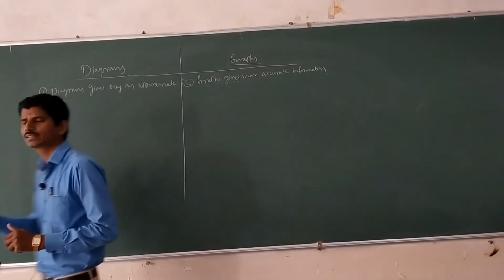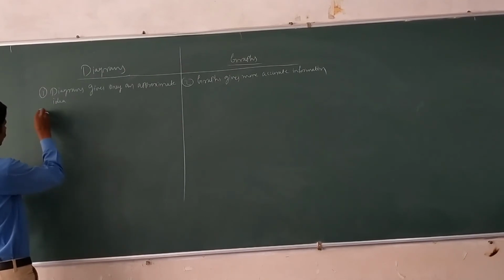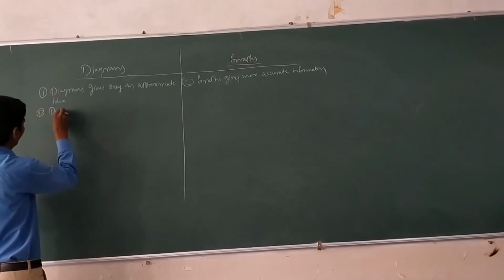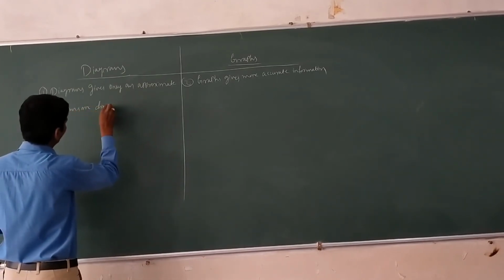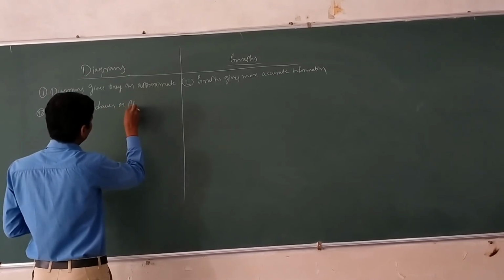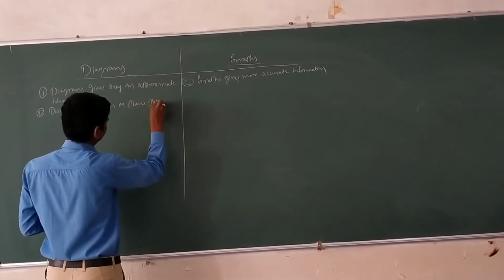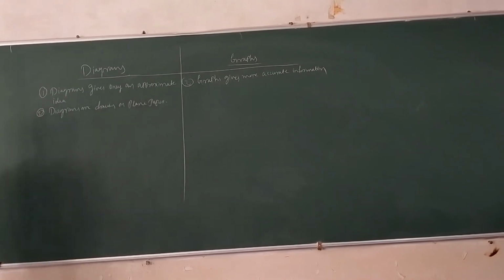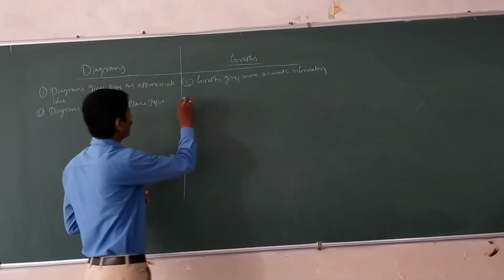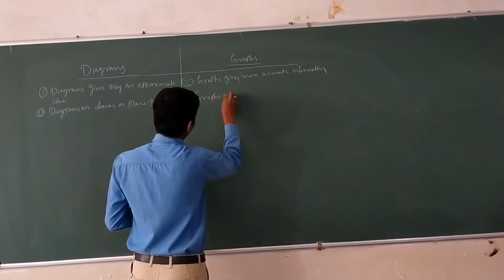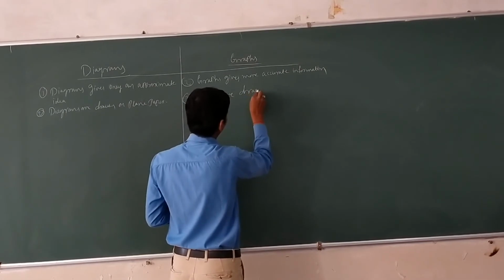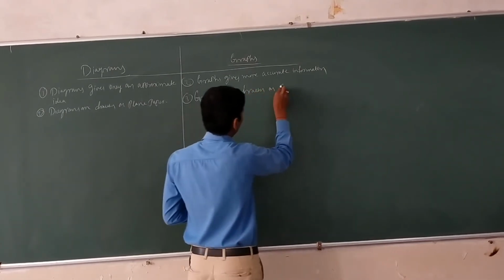The next, second one: diagrams are drawn on plain paper, whereas graphs are drawn on graph sheets.